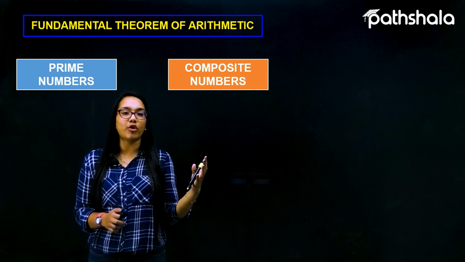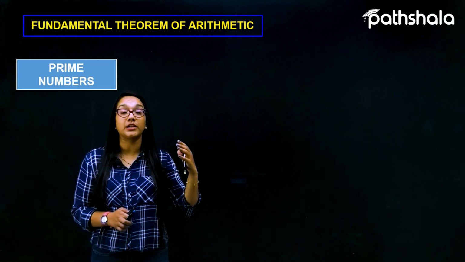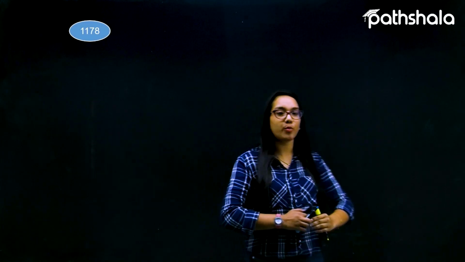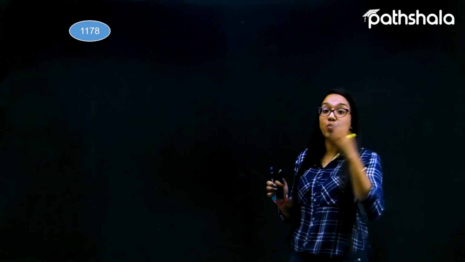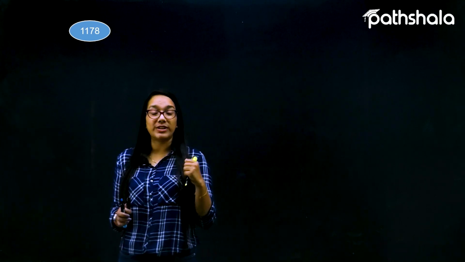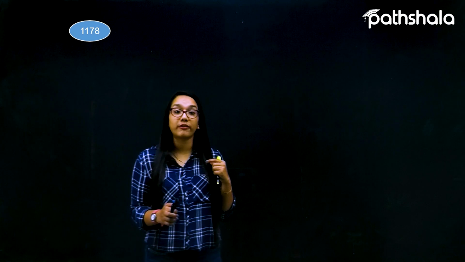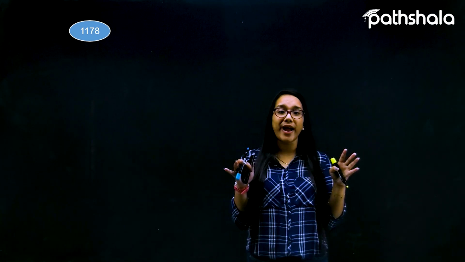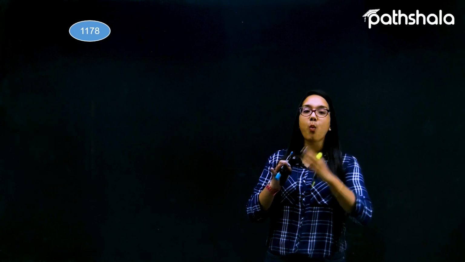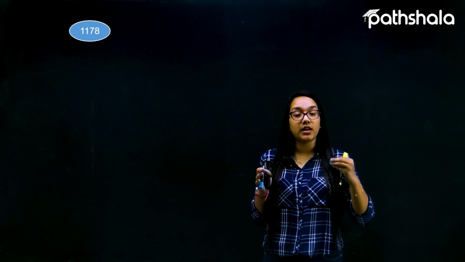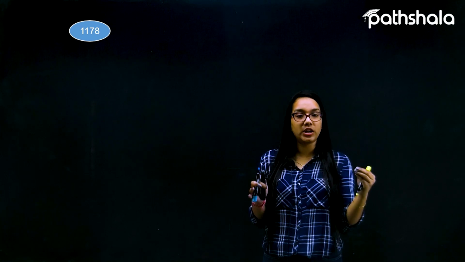Let's move further toward the fundamental theorem of arithmetic concept. Suppose I have a number 1178 and I want to find the factors of this number. In order to find the factors of 1178, we start dividing it by the least prime.